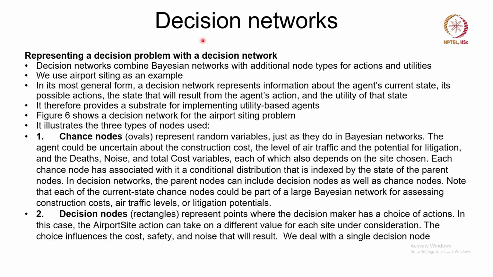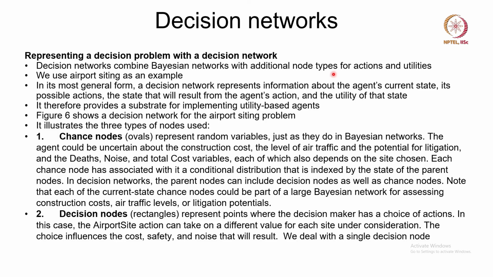Okay, so let us look at what a decision network is. Till now we have seen the Bayesian network. So how do we get a decision network from the Bayesian network? The decision network combines the Bayesian network with additional nodes for actions and utilities, so that you can make a decision.